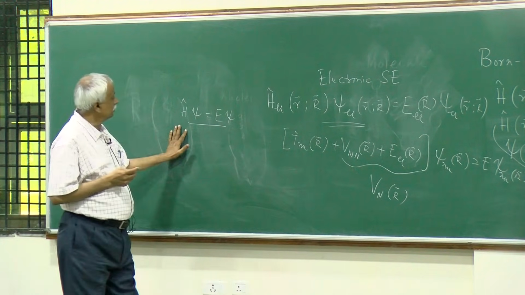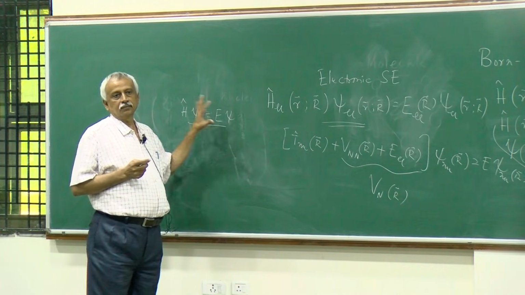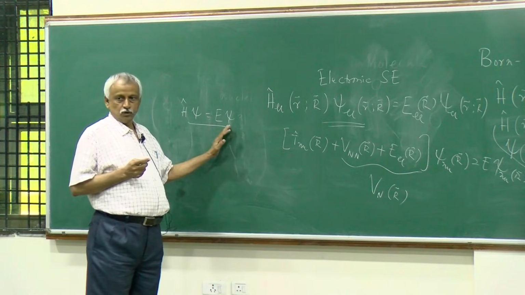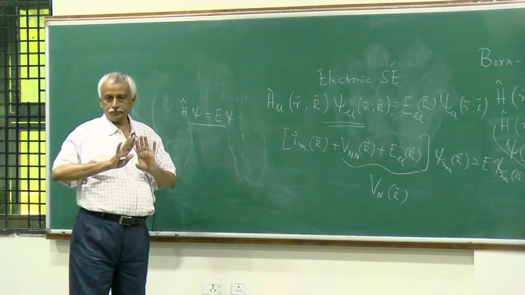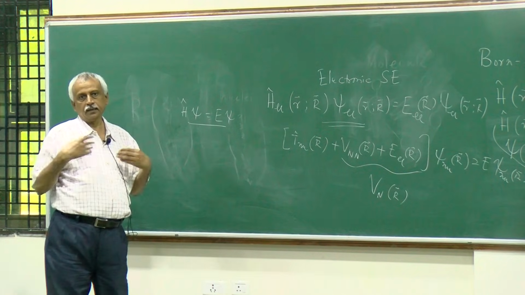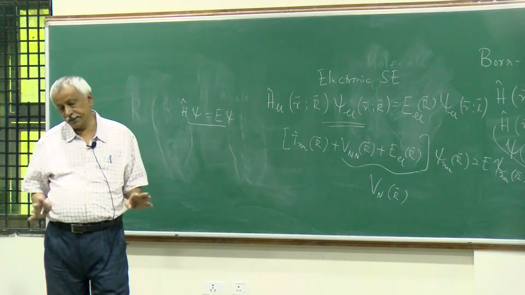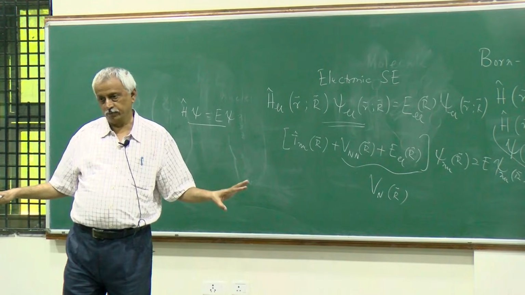This is the electronic Schrodinger equation, which we'll have to solve for a given nuclear framework. With that backdrop, from now onwards, I am not going to say that I am solving the electronic Schrodinger equation for the electronic motion for a given geometry, given nuclear framework.